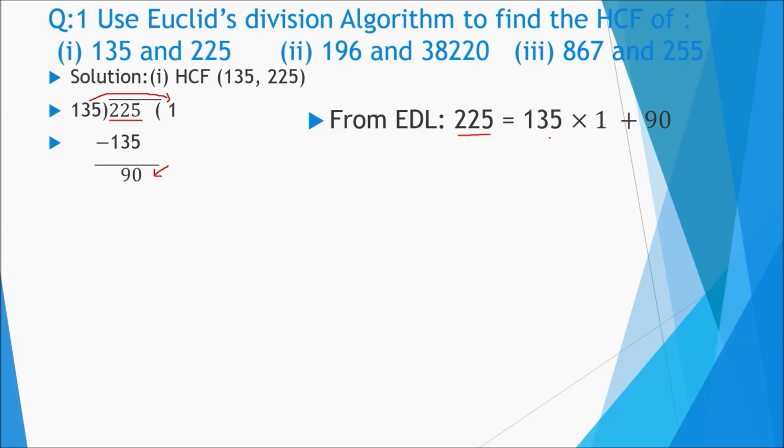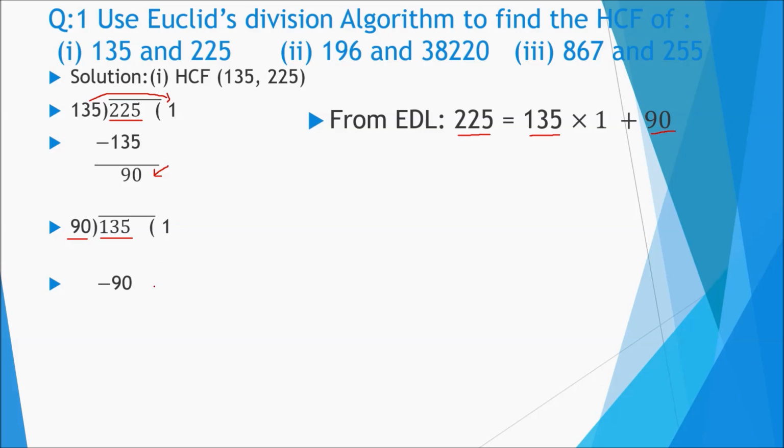And now, as you know, this remainder becomes divisor in the next step. So in the next step, this remainder in the first step will become divisor, and the divisor of first step will become dividend. So now we will divide 135 with 90.